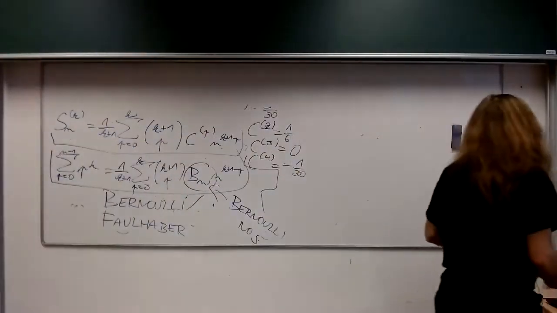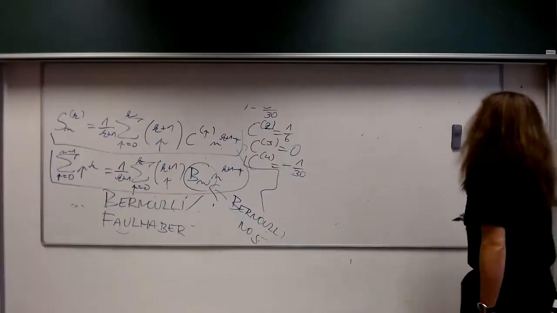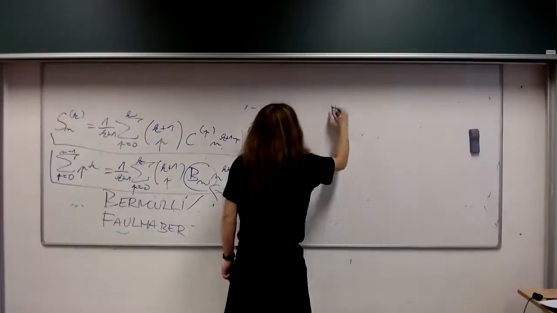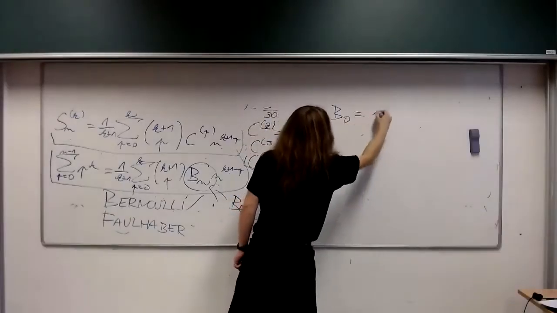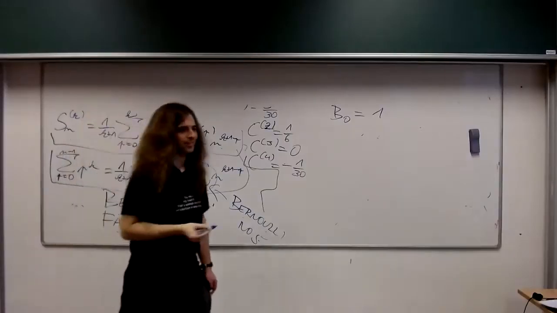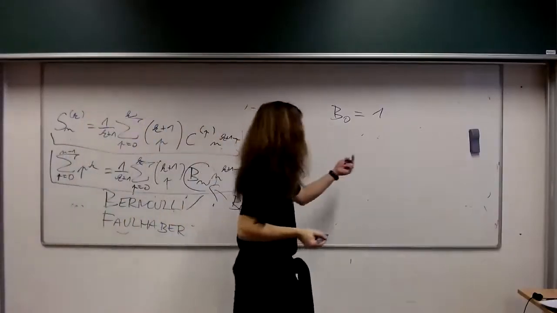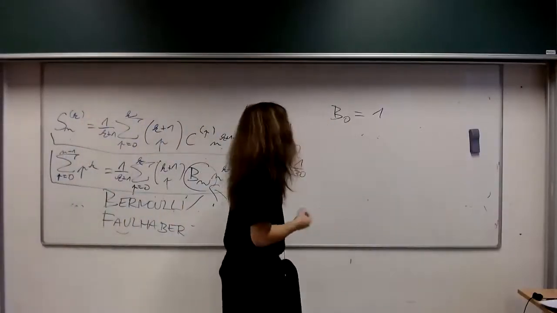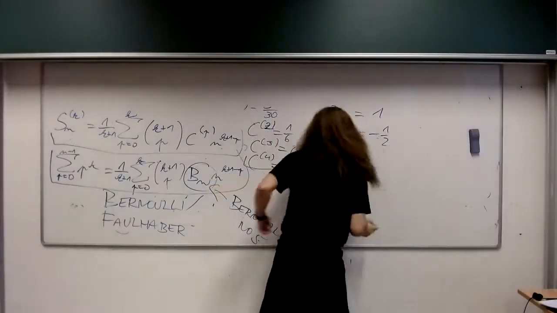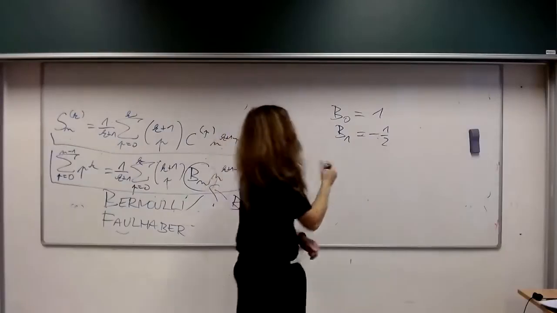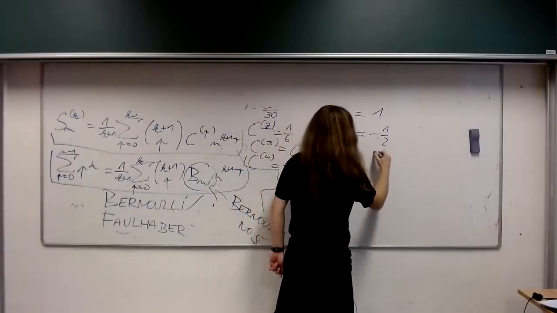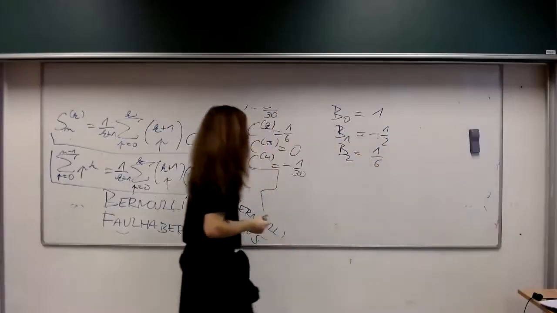And now when we know what they are, we can just write down some of them. B0 is just a 1. That comes from the fact that if we sum n once, we get an n, so the coefficient at n is 1. B1 is minus 1/2. We just did that a little bit before. B2 is just equal to C2, and that was 1/6.